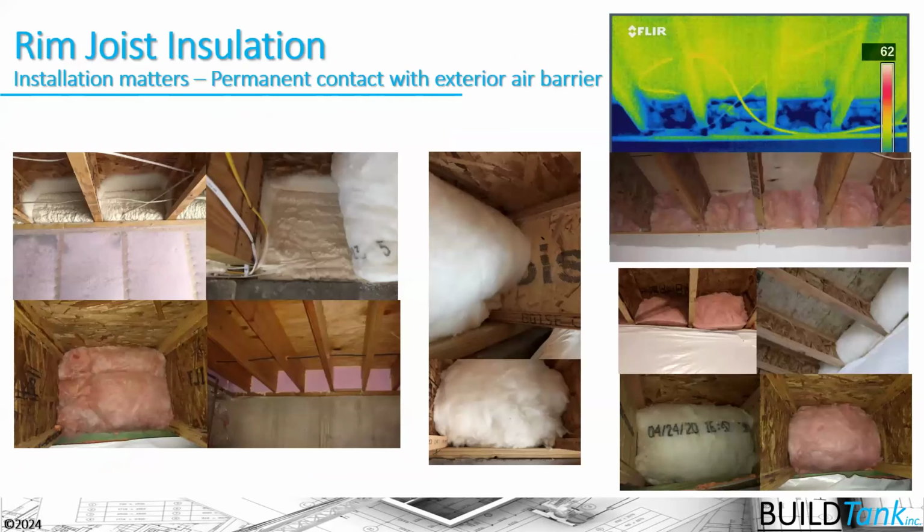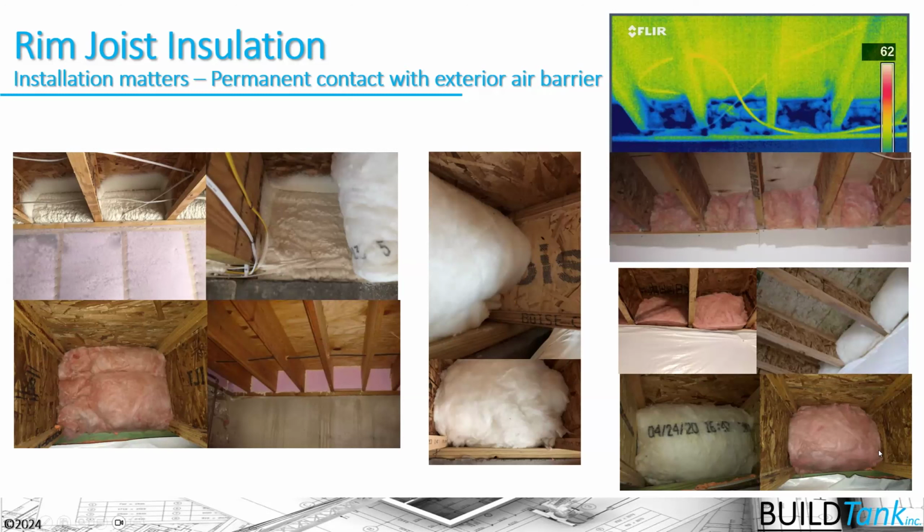Now, that's great in theory, and it's much easier to get the air barrier portion of that assembly working than the thermal barrier portion, because of the way that we often insulate our rim joists. And you can see here in the center picture this kind of crescent-shaped batt. It means that the batt is not in contact with the rim joist or the rim board of that assembly.